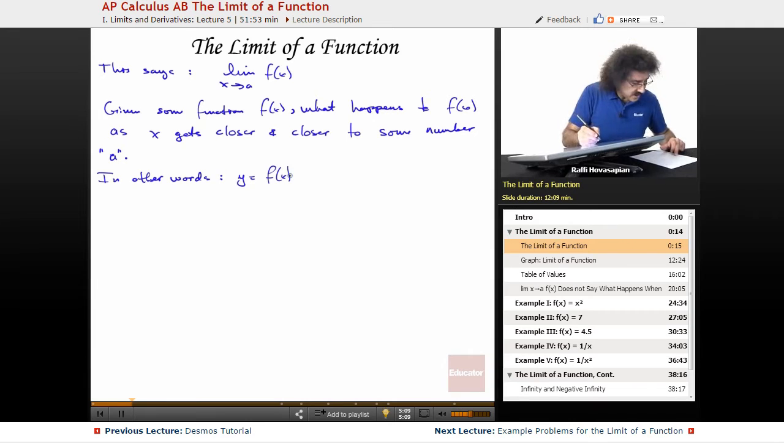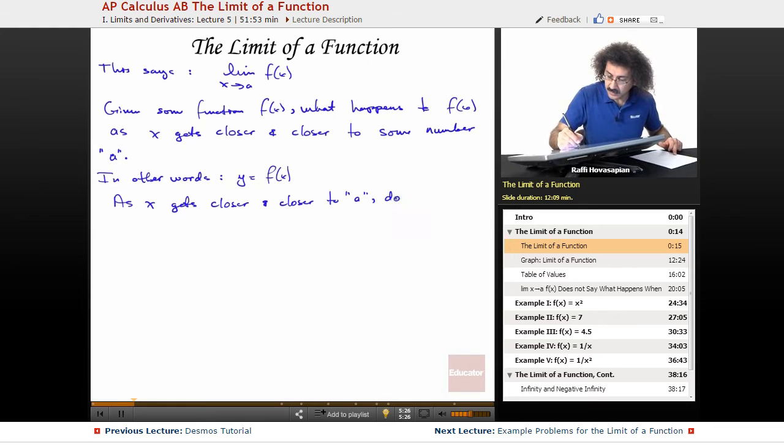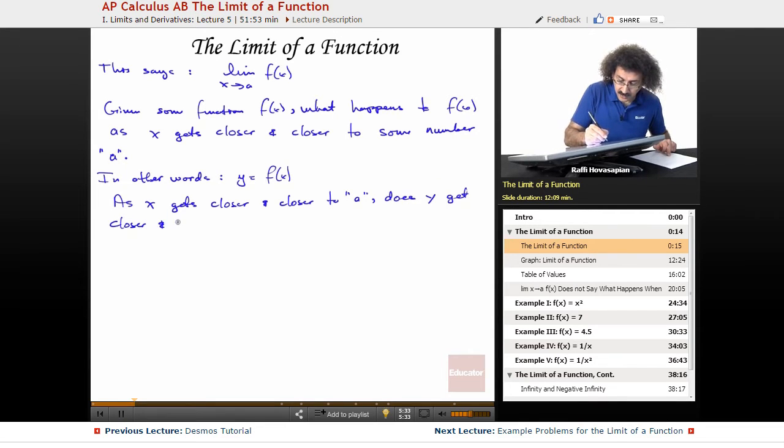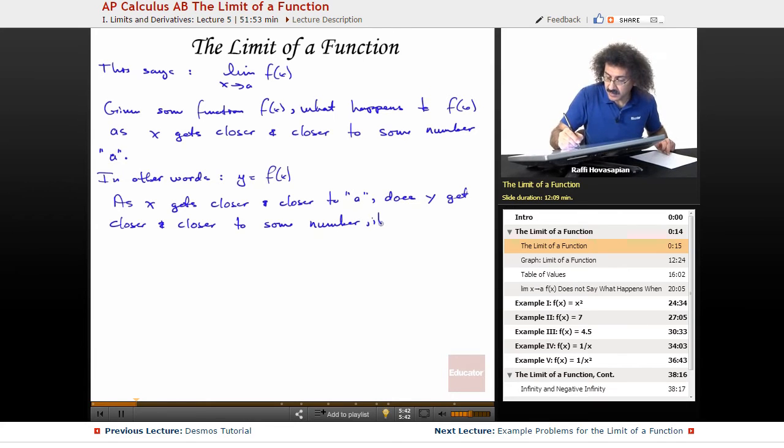So what this symbol says is, as x gets closer and closer to a, does y get closer and closer to some number itself?